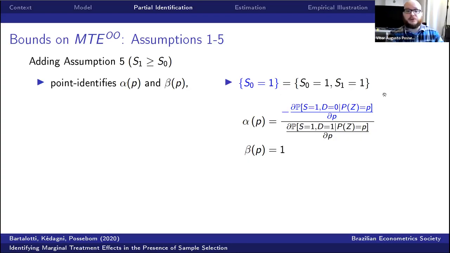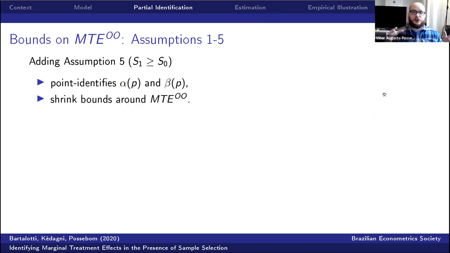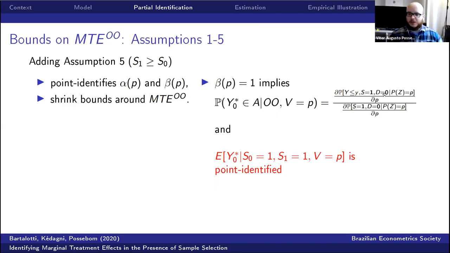Given that I do not need to bound the trimming proportions anymore, I can shrink the bounds around the MTE. And importantly for us, one bit of our target parameter is actually point identified. The expected value of the untreated wage for the always observed population is actually point identified now.